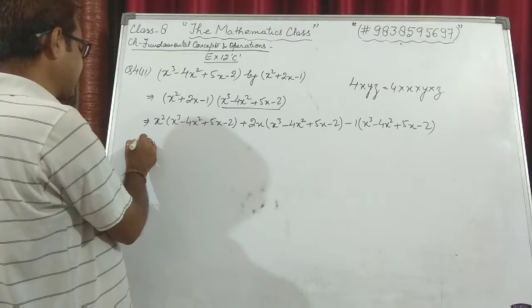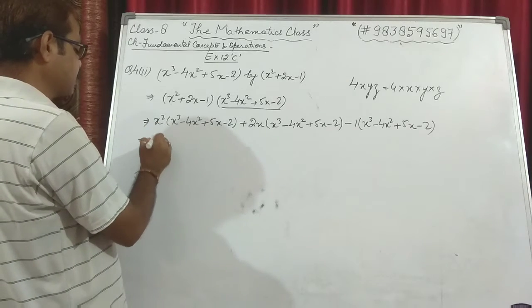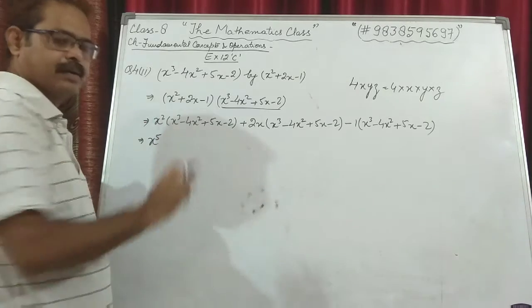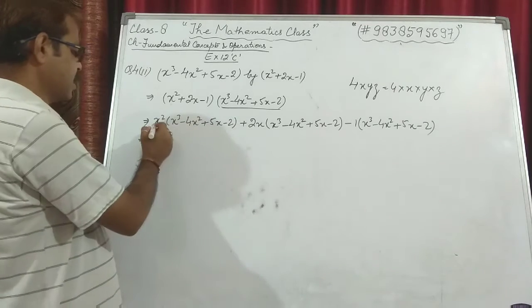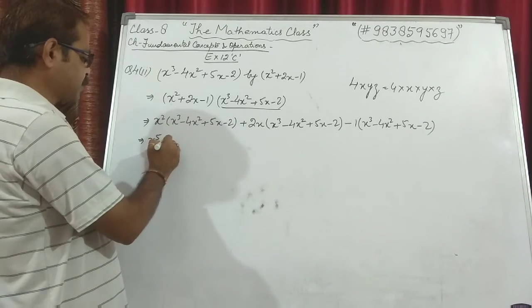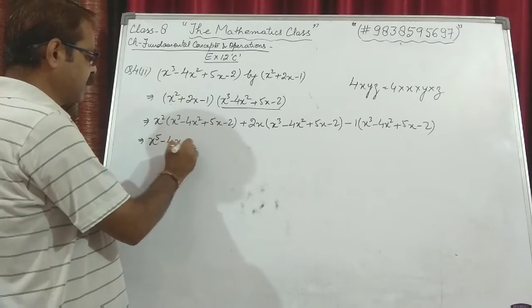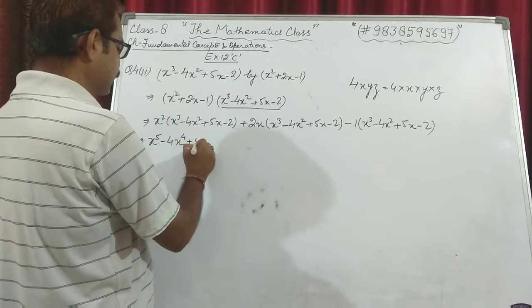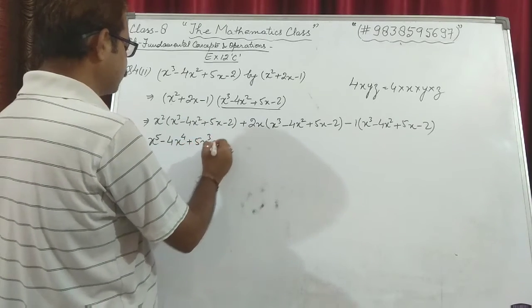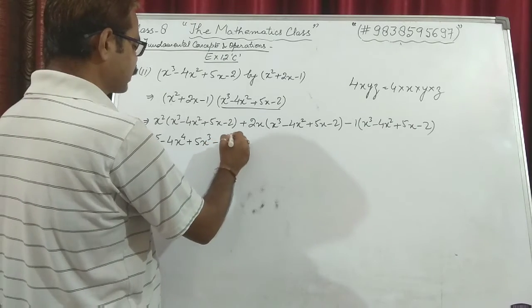Now we start with the multiplication. X square and x cube is x to the power 5. We know that when the bases are same and powers are different, powers get added and the base remains as it is. X square into minus 4x square will be minus 4x to the power 4. X square into 5x is plus 5x cube, minus 2x square.